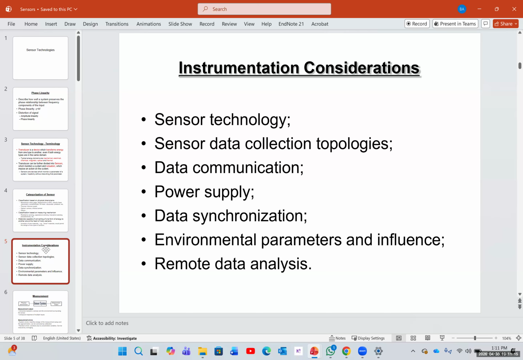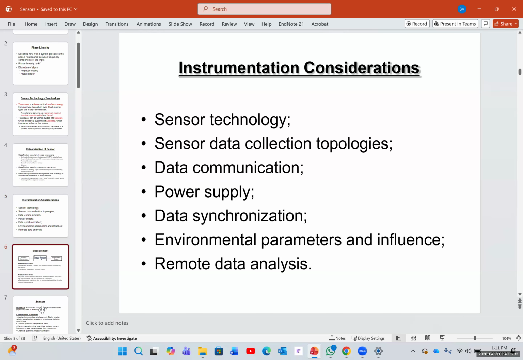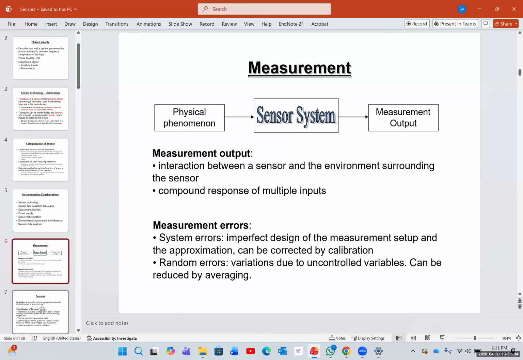Now, some considerations in instrumentation: we have sensor technology, which we already went through. Sensor data collection topologies, like A to D, D to A, data communication systems, power supply, data synchronization, environmental parameters and influence, and remote data analysis. This shows a graph of a measurement system.